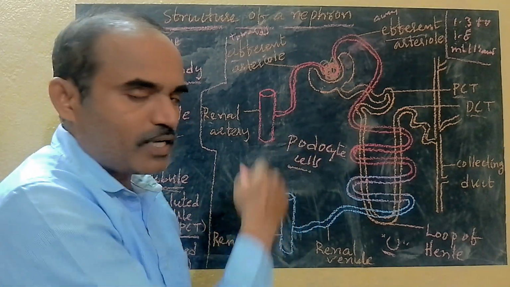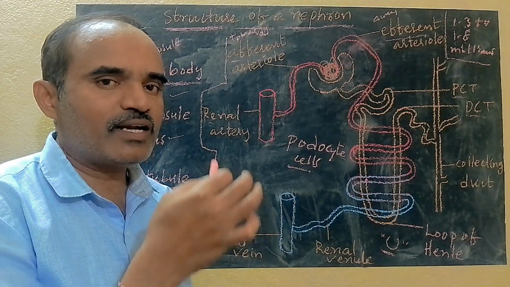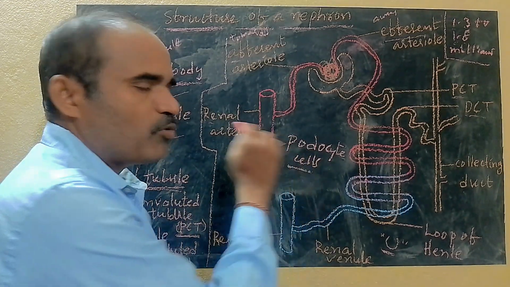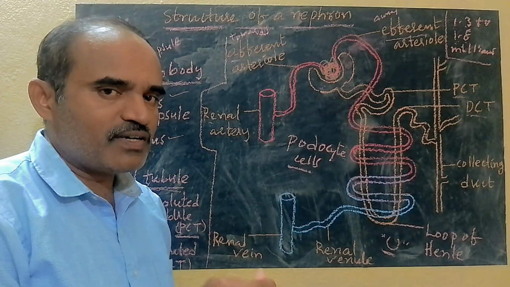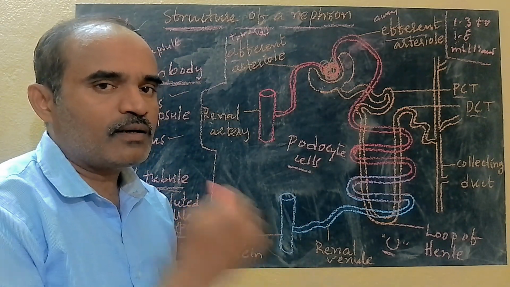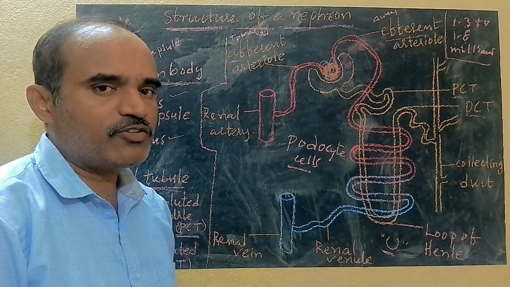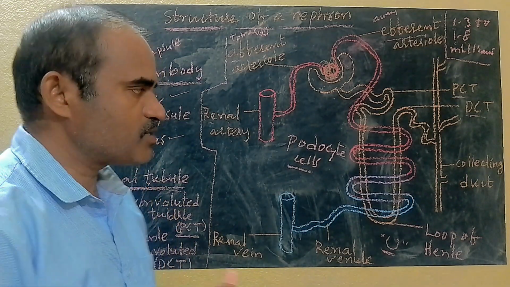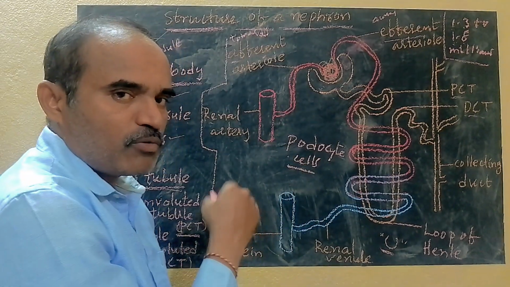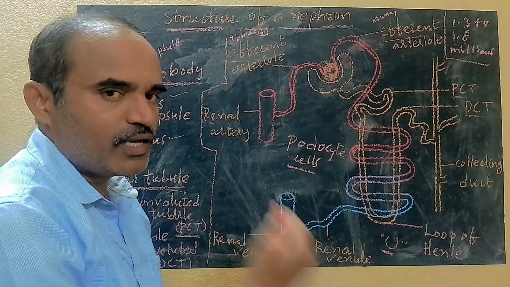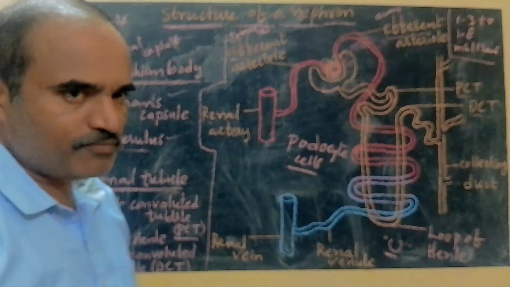So Bowman's capsule is made up of a single layer of epithelial cells called podocyte cells. They are porous cells which help to filter and separate the useful and harmful substances in the blood. Podocyte cells, important.